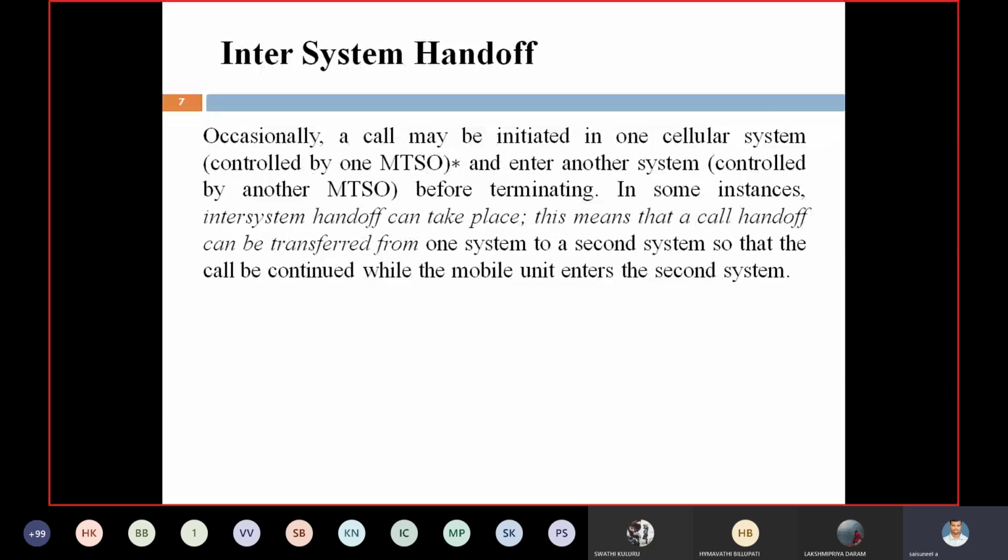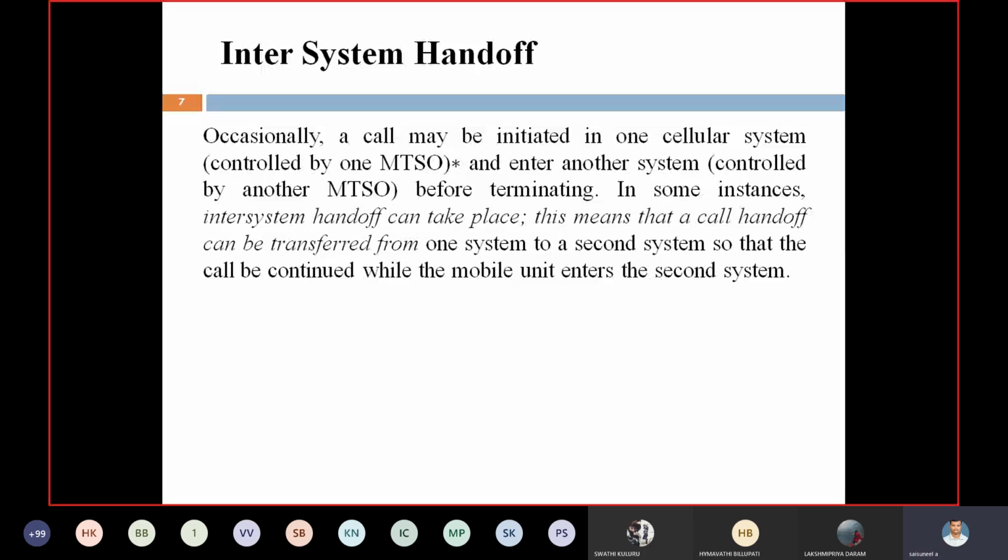Inter-system. Till now, we discussed handoff taking place under a single MTSO. Now we discuss handoff between two MTSOs.